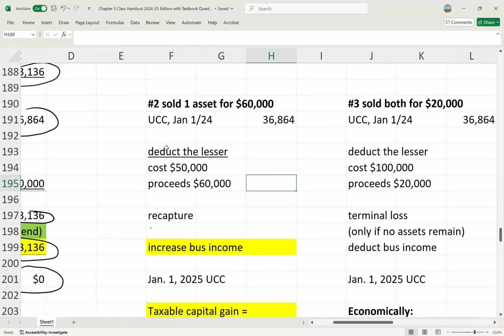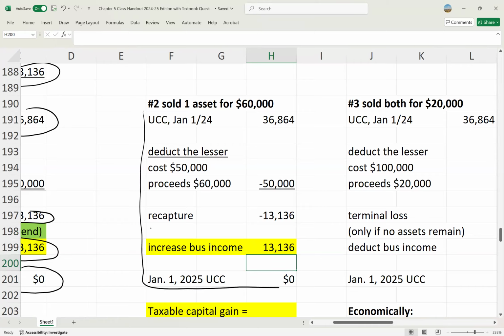In order to bring it down to 0, we have to add this amount to our income, 13,136, and that will reset this to 0. So on the CCA schedule, when you fill out your tax return, this is sort of what you'll show. And then on your statement of business income, you would add 13,136 of income to your business income for the year. And once again, that would increase your income, therefore you pay more tax on it.